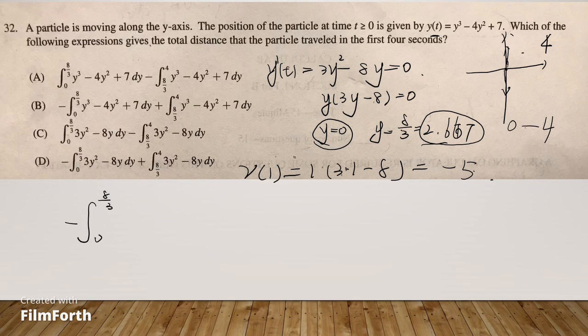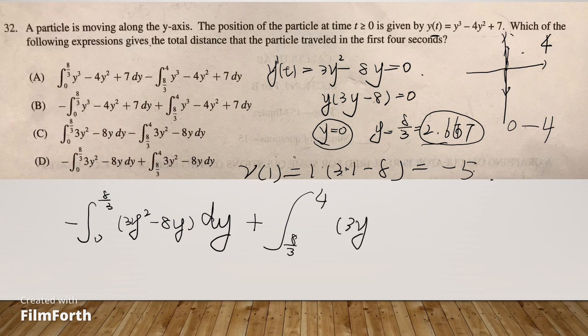Then integrate the velocity function, then plus the integral from 8/3 to 4 seconds of the same function dy. So we should choose D.